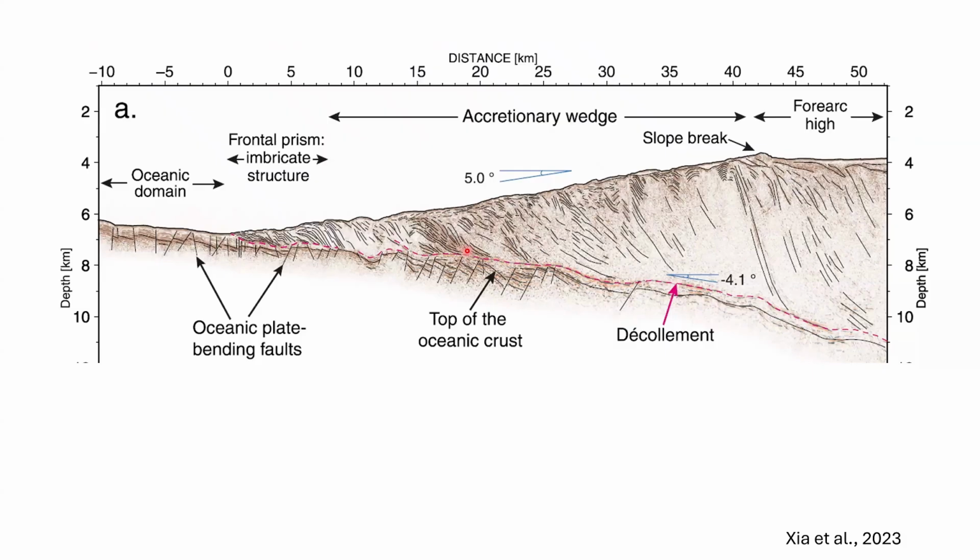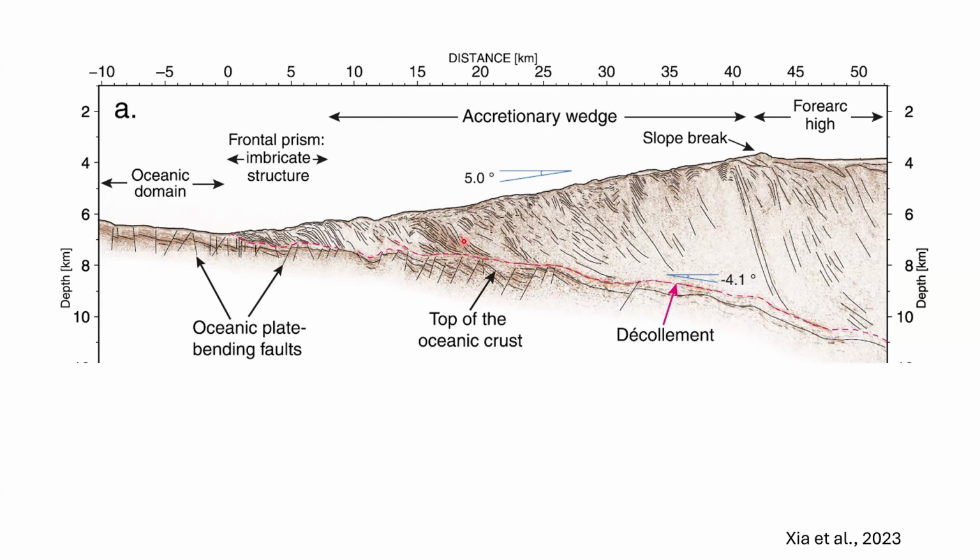As we look at this seismic reflection profile, this right here is the deepest part of the trench. There's probably about 500 meters to a kilometer of sediment in the trench that is being stripped off. All of this sediment is added in front of this area.